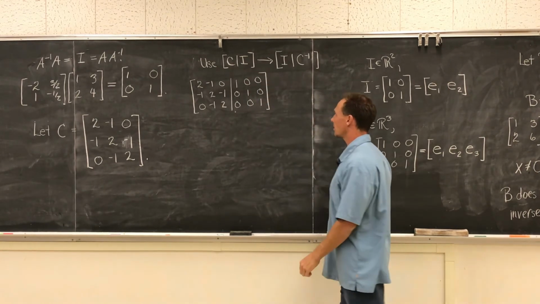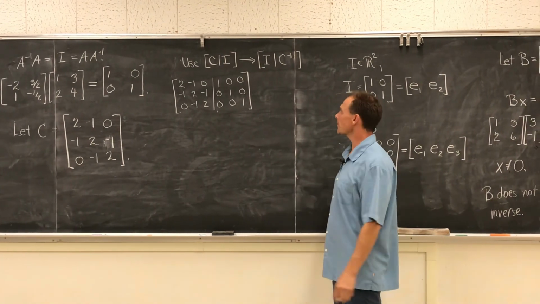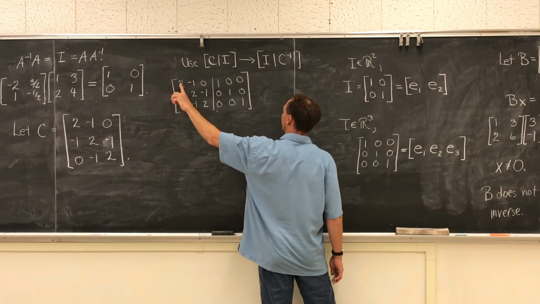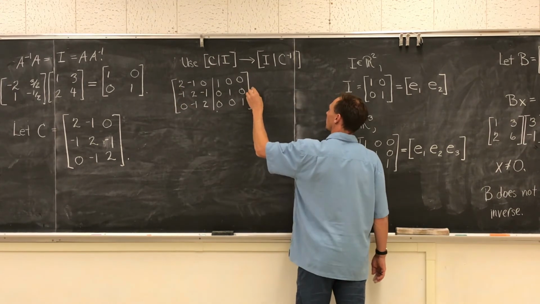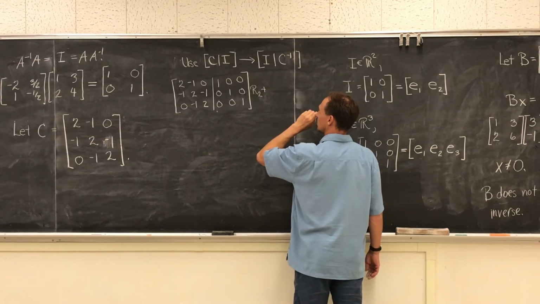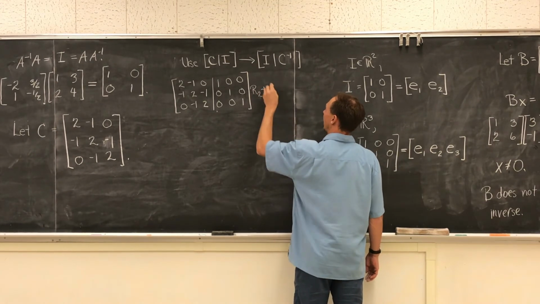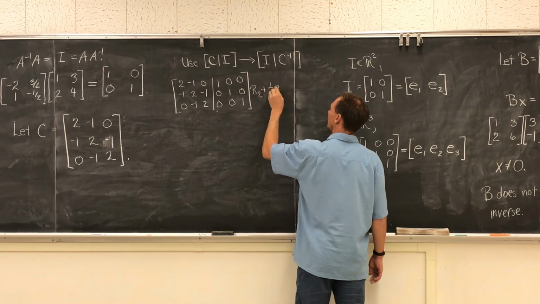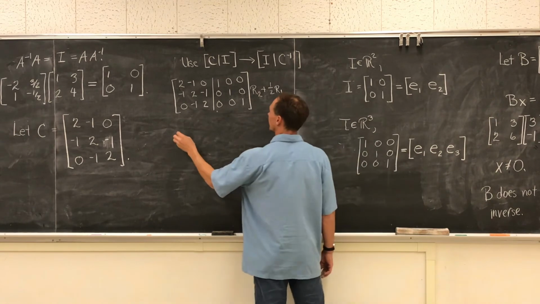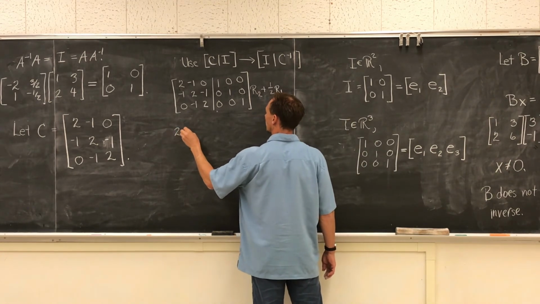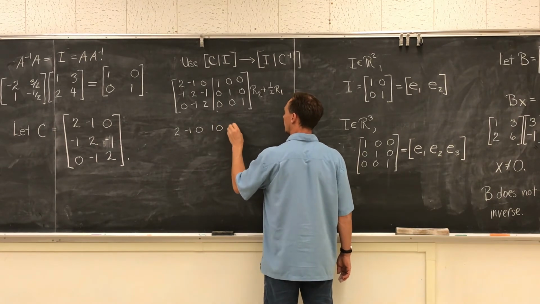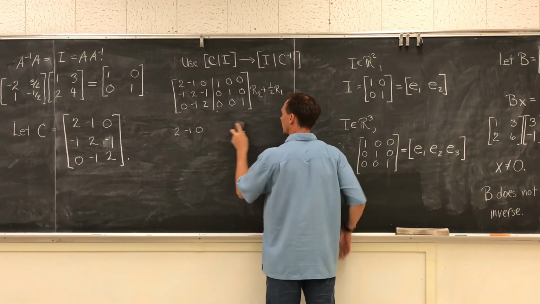I'm going to just go through this one step at a time. So here's my initial pivot, the 2 in the upper left. I need to remove that. So we're going to work on row 2. We're going to add half of row 1. I think that should work. Okay. So first row is unchanged. 2 minus 1, 0, 1, 0, 0.